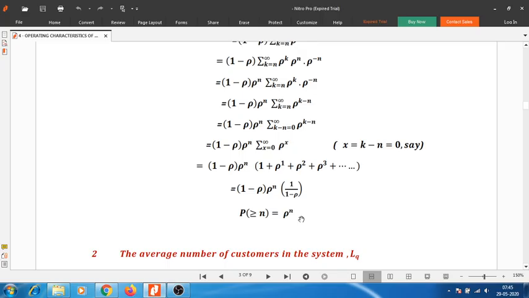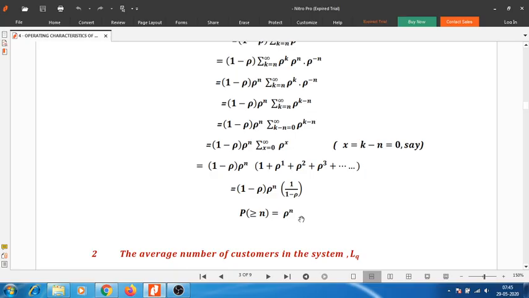Why have I derived this? In practical problems, what is the probability that the number of customers existing in the system is more than 20? We calculate the probability of the size of the queue greater than 20, which is rho power 20, equal to lambda by mu whole power 20.